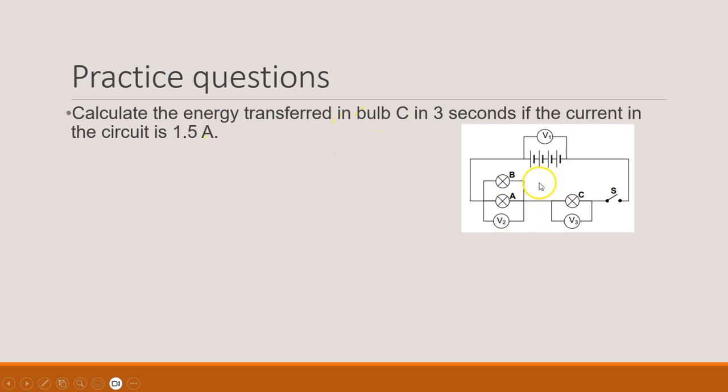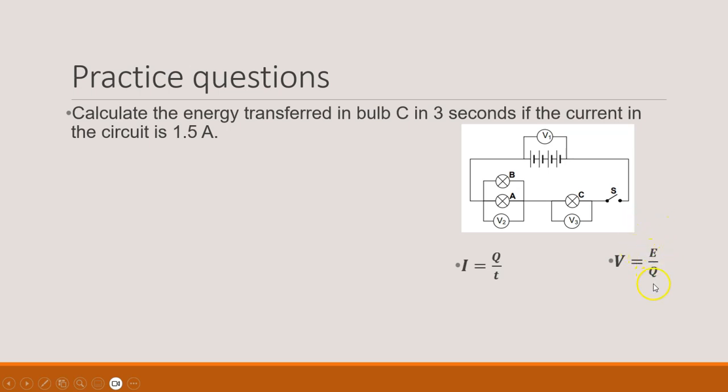Calculate the energy transferred in light bulb C in 3 seconds if the current in the circuit is 1.5 amps. For this kind of question, you need to recall these two formulas. I equals Q over T and V is equal to E over Q. And we're asked to work out the energy transferred.